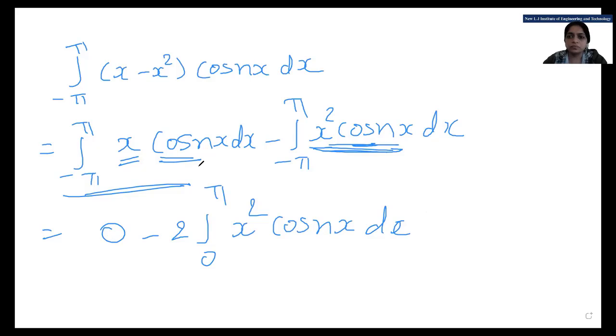Now, suppose my given question is the integral from minus 1 to 1 of x plus x square times sin nx dx.